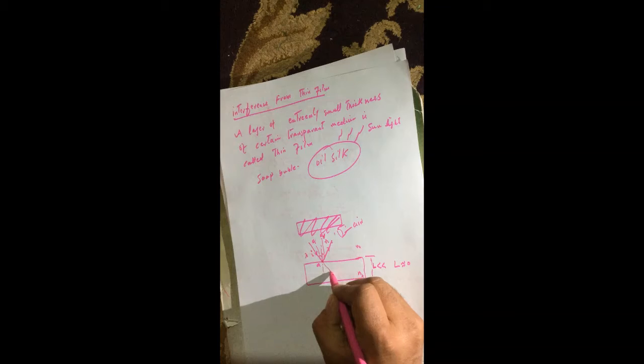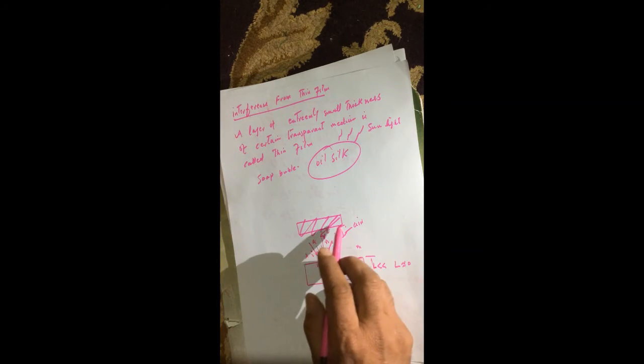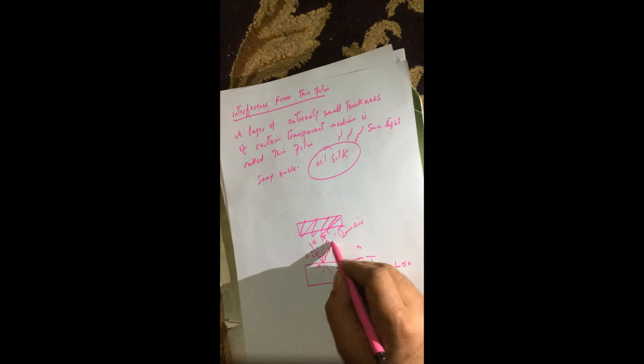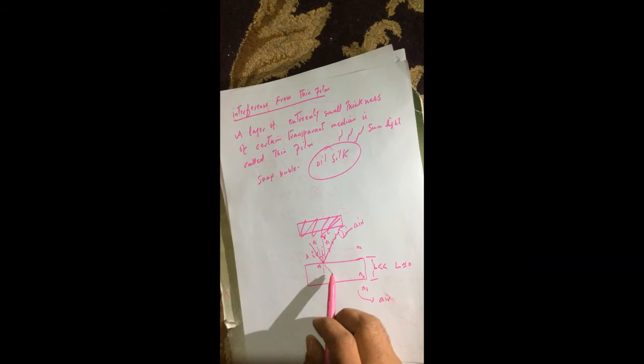This is the refracted ray. Now the reflected ray R1 is intercepted by this observer.